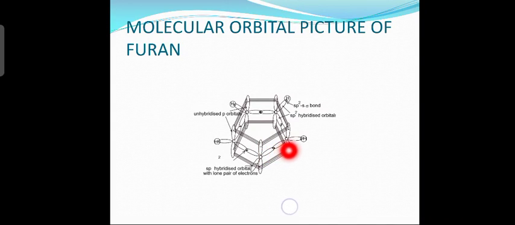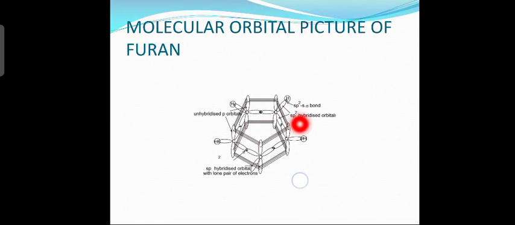The sideways overlap of these p orbitals produces a molecular orbital containing 6 electrons. So, in total you get 6 electrons, correct? Each carbon p orbital has 1, 2, 3, 4 and then 2 are here. Therefore, 6 electrons are involved in the p orbitals. This is shown here in this figure.